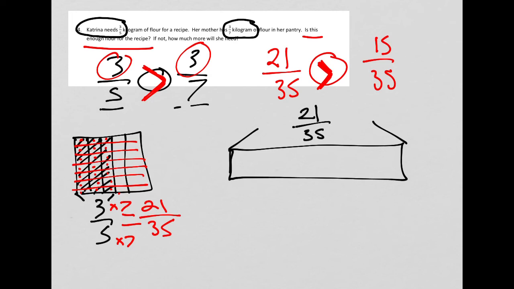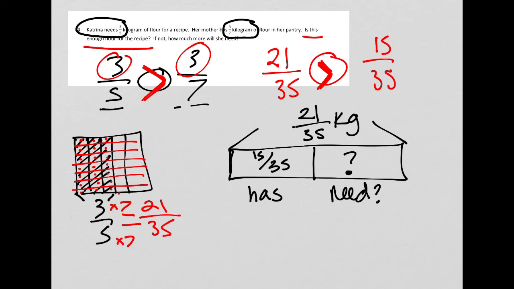I'm using the equivalent fraction with the common denominators for this, so it helps me visualize this. So she needs 21/35 kilograms, and she has 15/35 because she borrowed it from her mom. She has 15/35. We need to know what this number is. How much more does she need to get to 21/35?